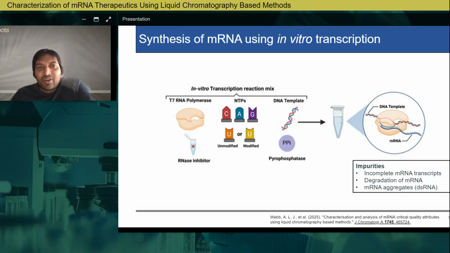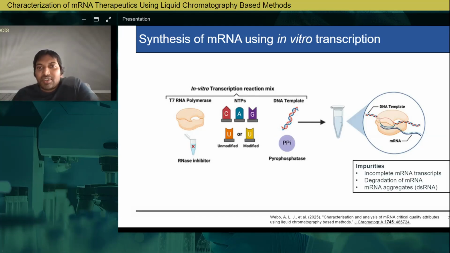We can talk about what's modified and unmodified when we talk about the molecule itself. You also have pyrophosphate, and once we have this in vitro transcription mixture, we produce our mRNA molecule.